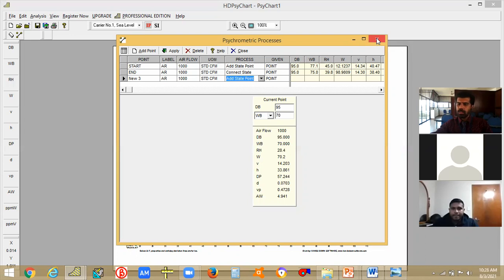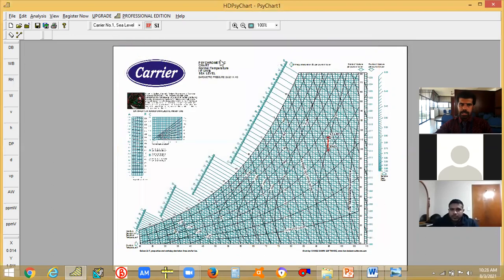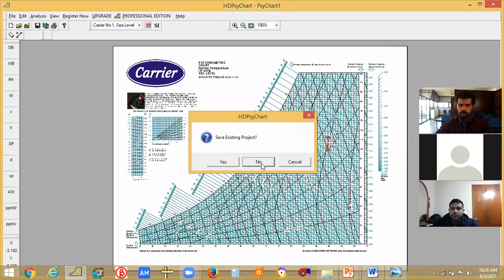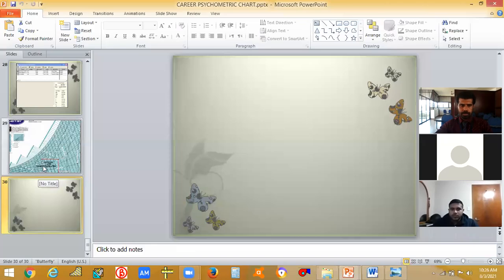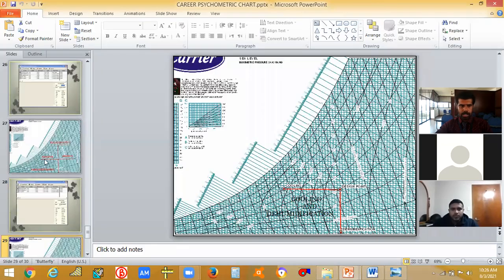If sometimes in future there are properties that you need to find out, you can just go here and find them. It's not very important, but still as an engineer you need to know this.